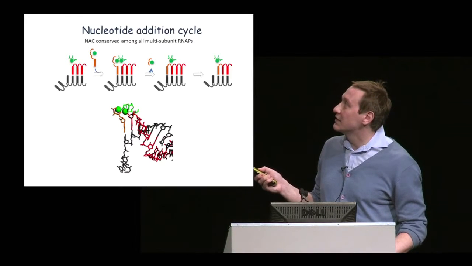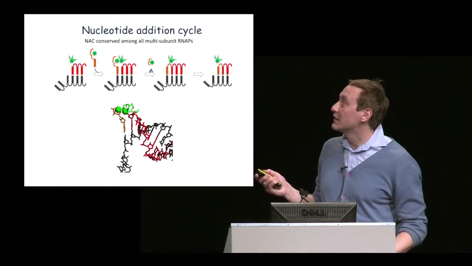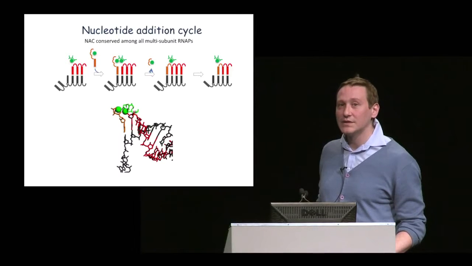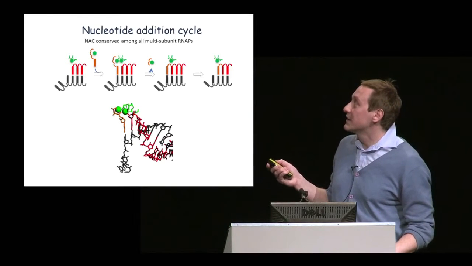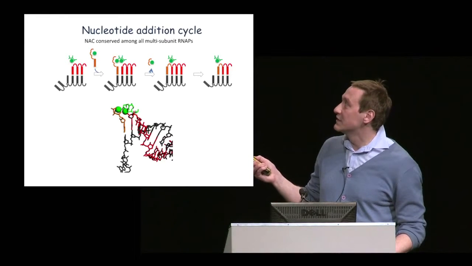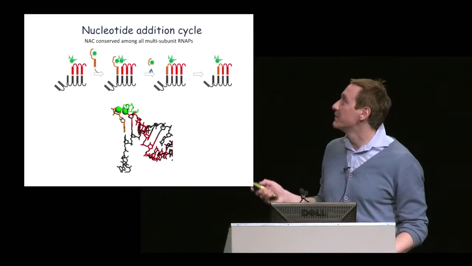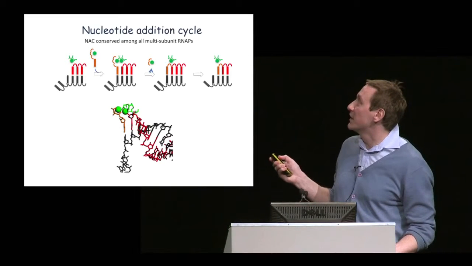One metal ion is bound tightly in the active center of RNA polymerase by an absolutely conserved triad of aspartates. The second magnesium ion is brought by the substrate. In this case, it is nucleotide triphosphate. So NTP binds in the active center and base pairs with the available template base. The catalysis takes place.